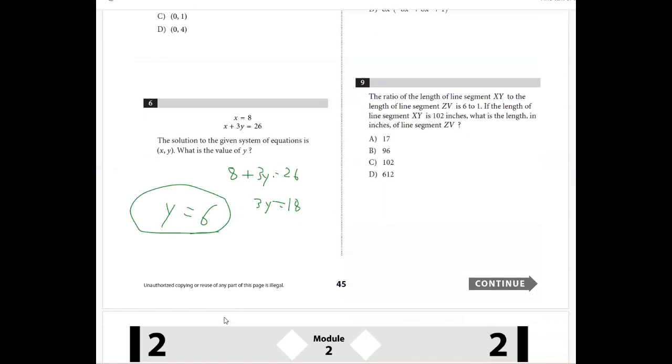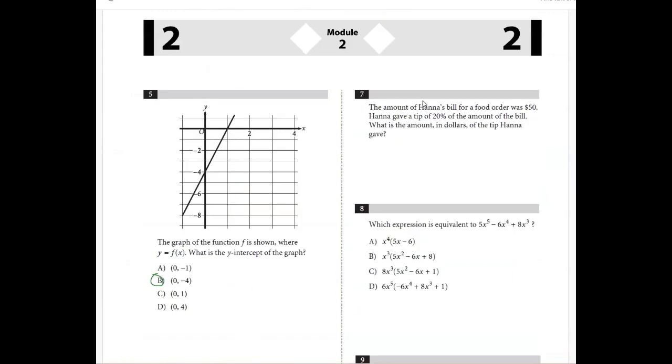Okay, simple and straightforward. The amount of Hannah's bill for a food order was 50 dollars. Hannah gave a tip of 20% of the amount of the bill. What is the amount of the tip in dollars? Okay, 20 out of 100 times 50. This is equal to 10. So 10 is the correct answer.